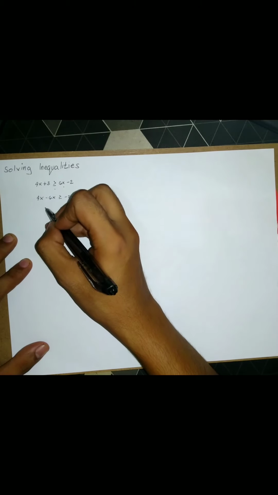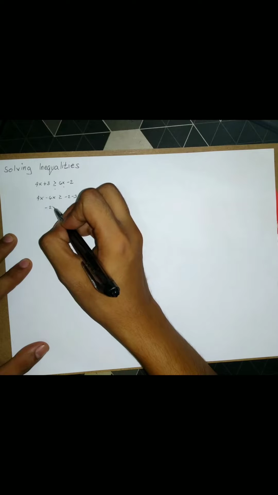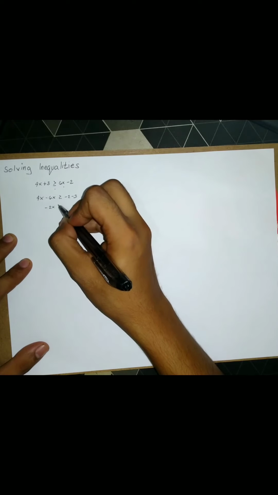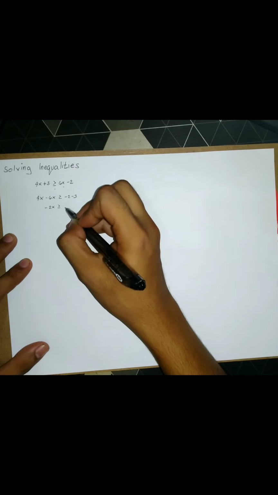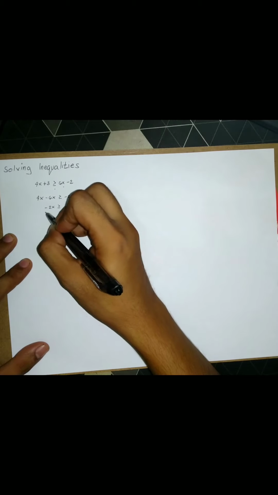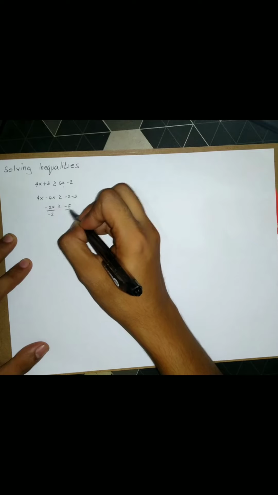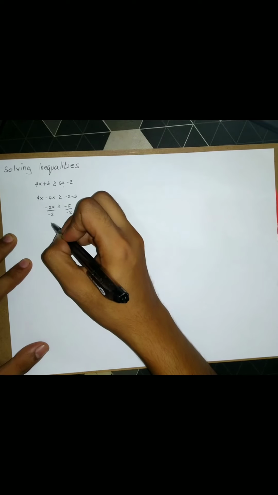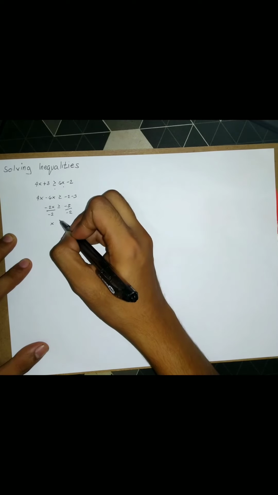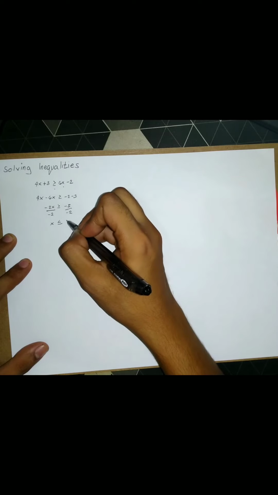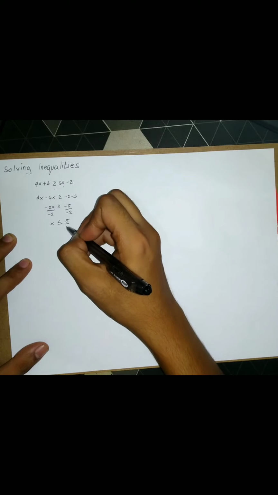So 4x minus 6x, you get negative 2x greater than or equal to negative 5. So we divide by negative 2. X this time becomes less than or equal to 5 over 2.